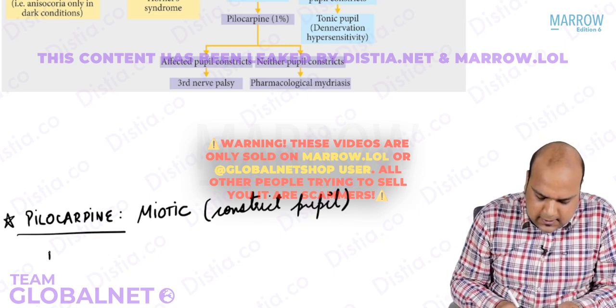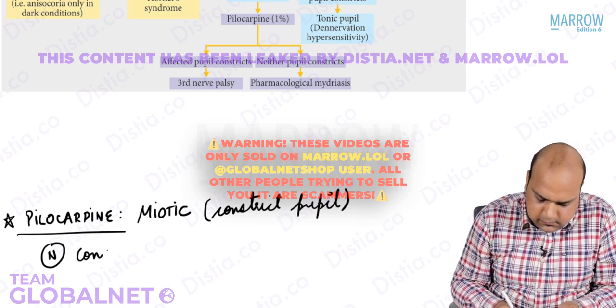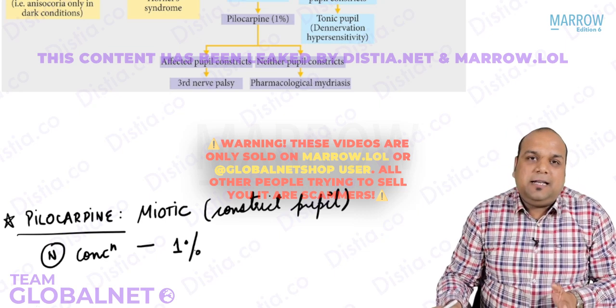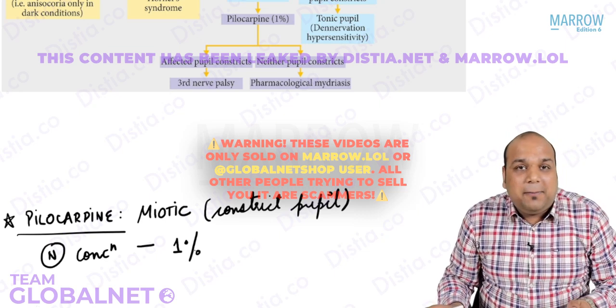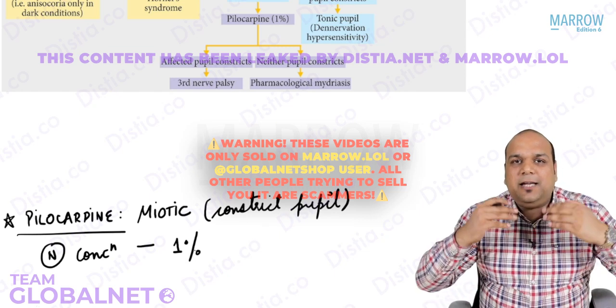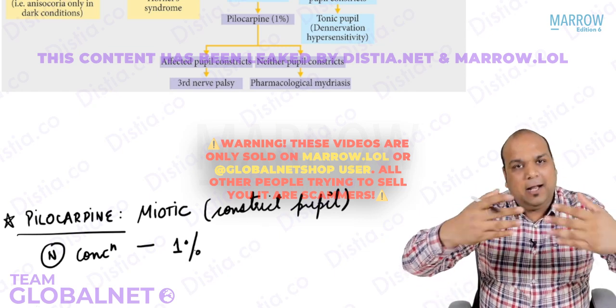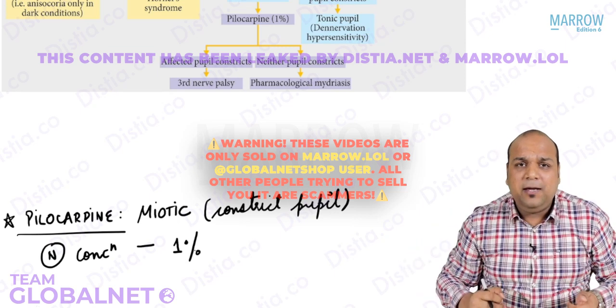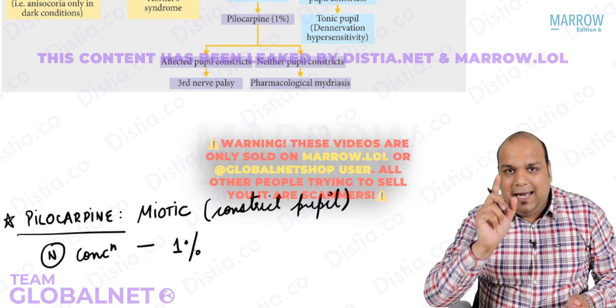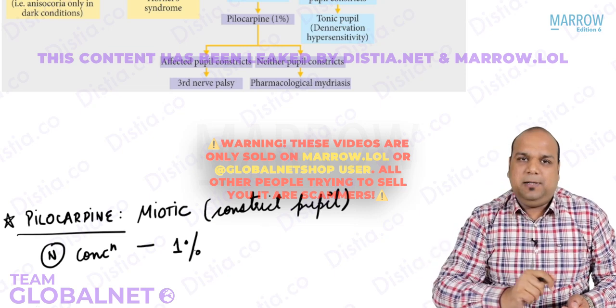The normal concentration is 1%. Now, what do we mean by this normal concentration? That is important. That is what students can't wrap their heads around. Very easy. Normal concentration means in a normal person like you and me, let's say both of us are normal. I am normal. You are also normal, I'm presuming. If I put 1% pilocarpine, I will be able to constrict my pupil.